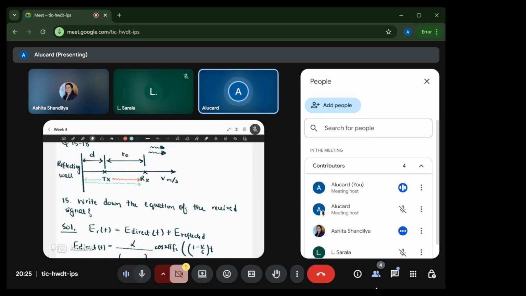And there's another component, which is due to the initial distance from the transmitter to the receiver.